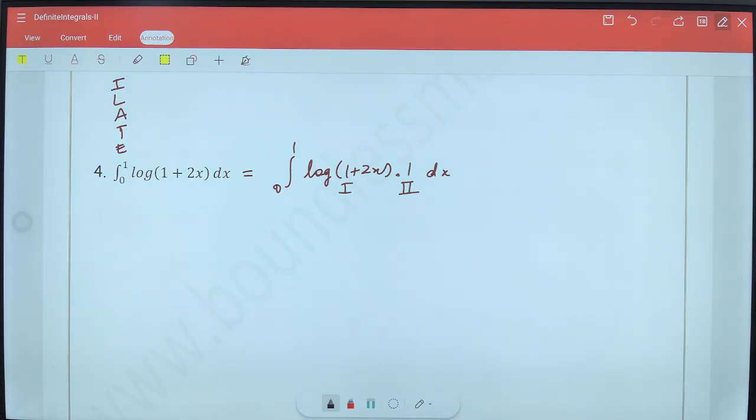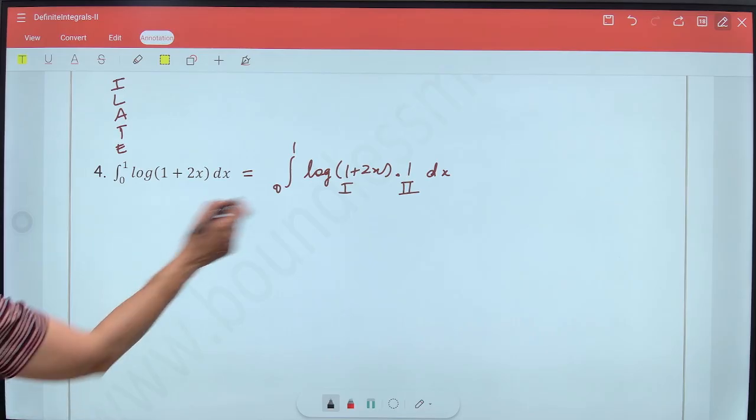Now we need to apply integration by parts. So how do we apply integration by parts? Integration by parts says that first function into integral of second minus integral of derivative of first function into integral of second. This is how we do that, right?